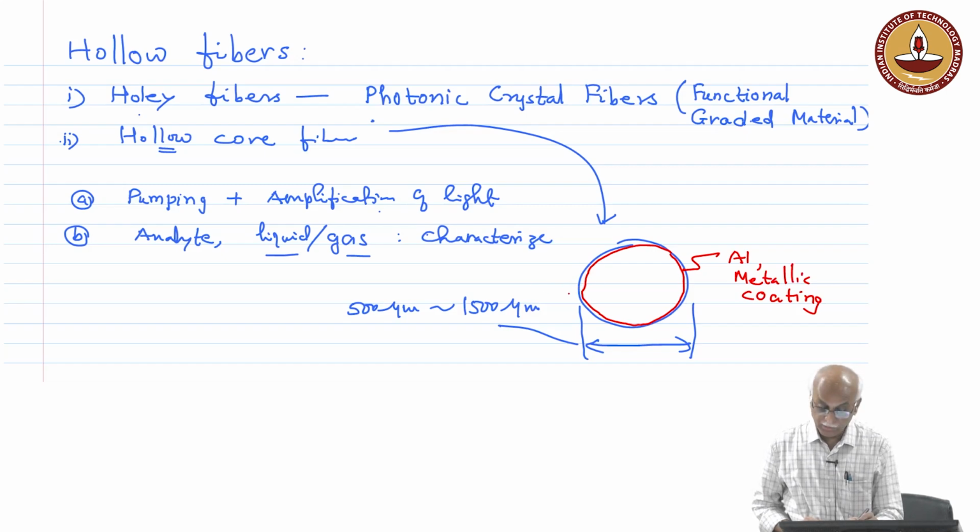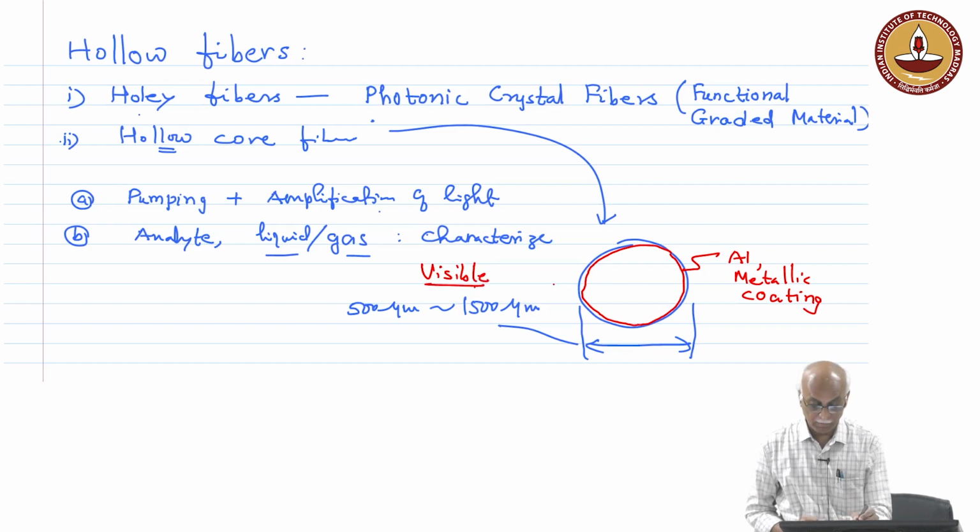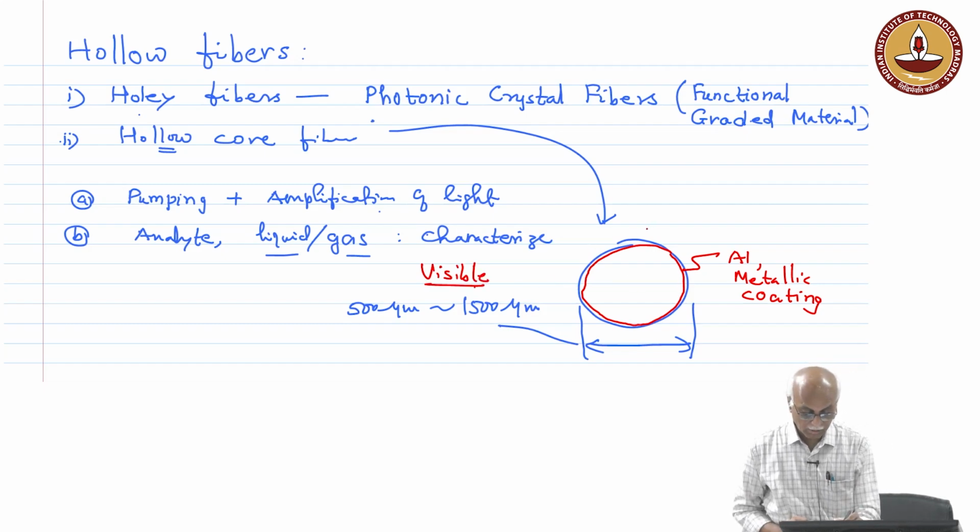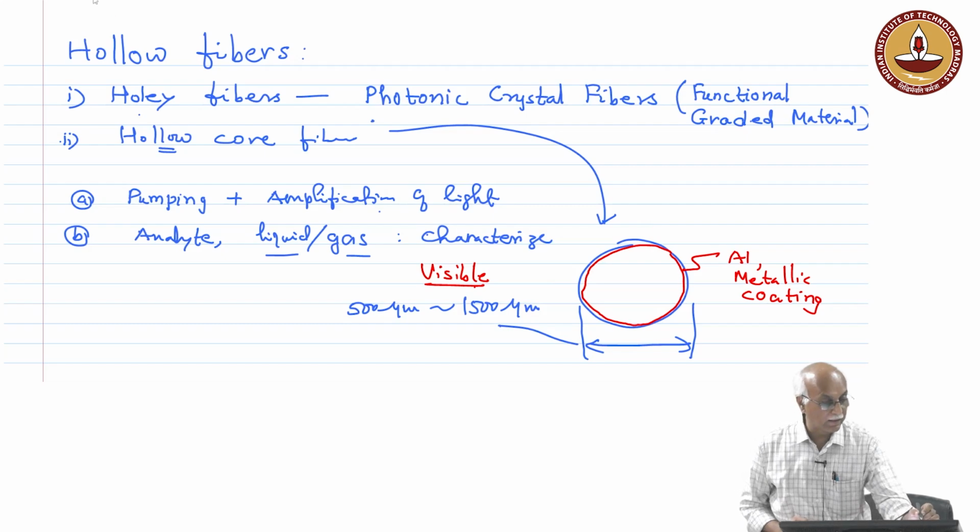Visible light can easily transmit through such a fiber. The outer part may be a protecting layer as well.